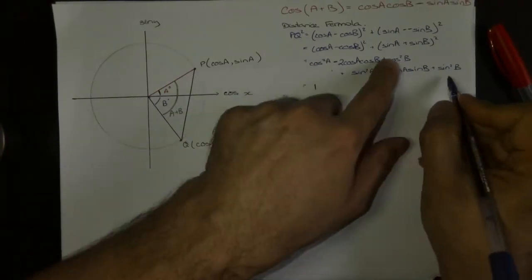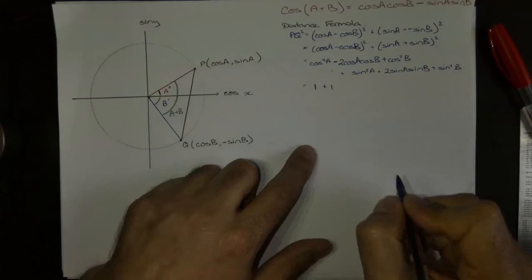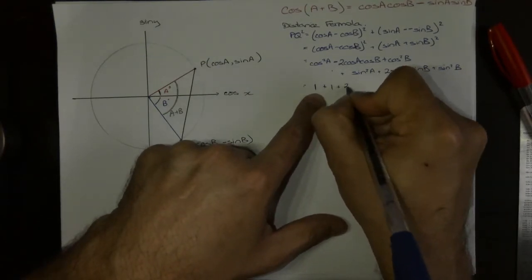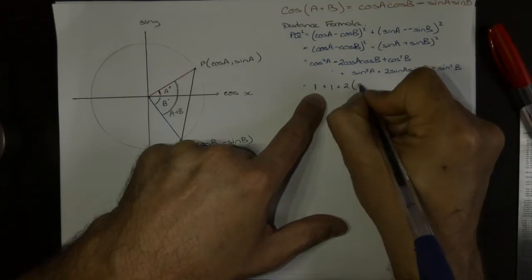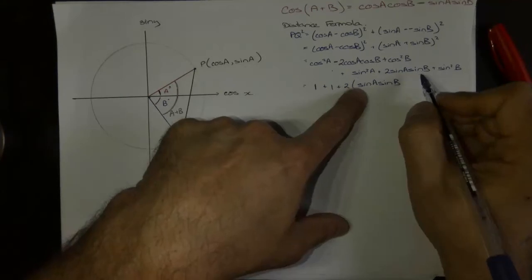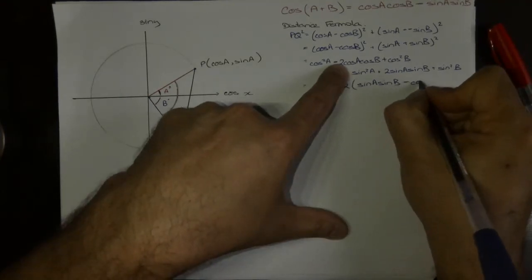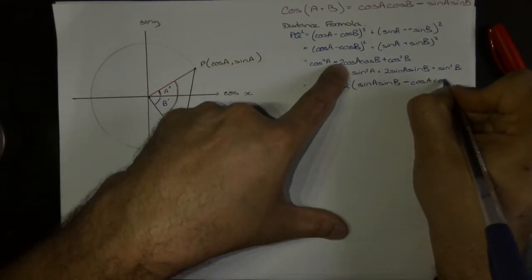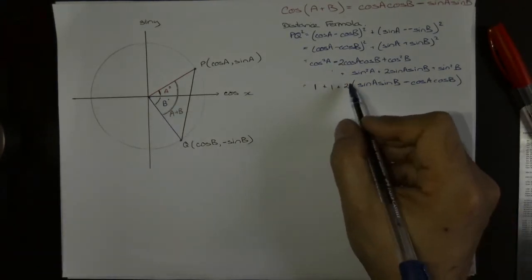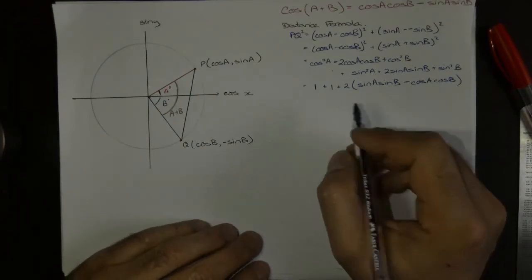So 1 plus 1. I'm going to have, let's take a positive 2, and what I'm going to put is sine A sine B minus cos A cos B. So I took out a positive version over here.